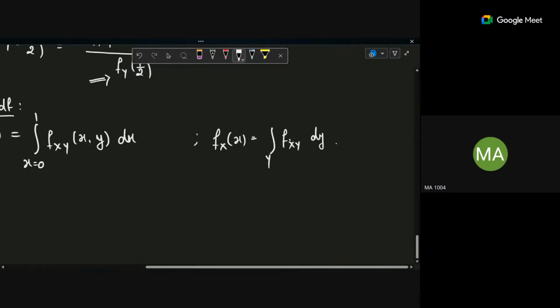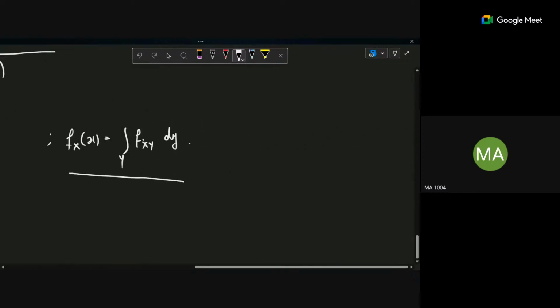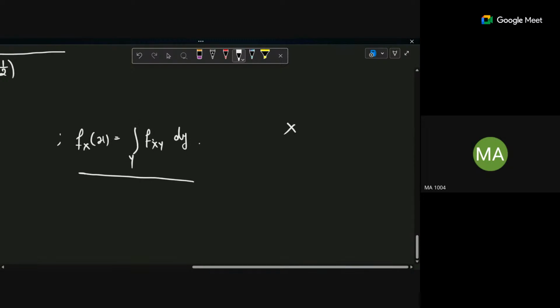So when you are calculating the marginal PDF for x, you have to integrate over the whole range of y. Let's say there are 3 random variables x, y, and z, and I ask you for the marginal PDF of x, what will you do?